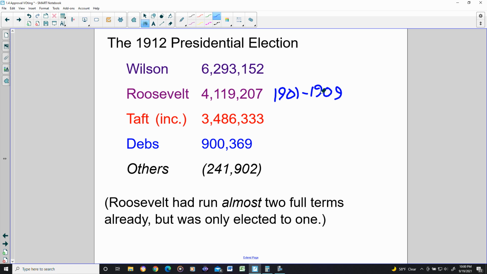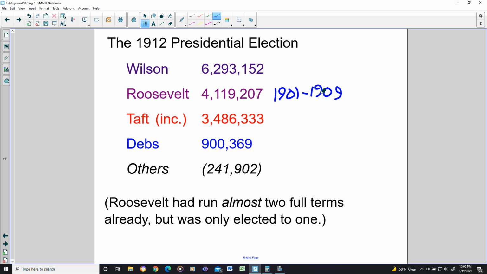Roosevelt was in this unique situation that he essentially only ran once. So in 1908, he bows out, again due to the past precedent that you had your 2 terms. Roosevelt decides to give up.